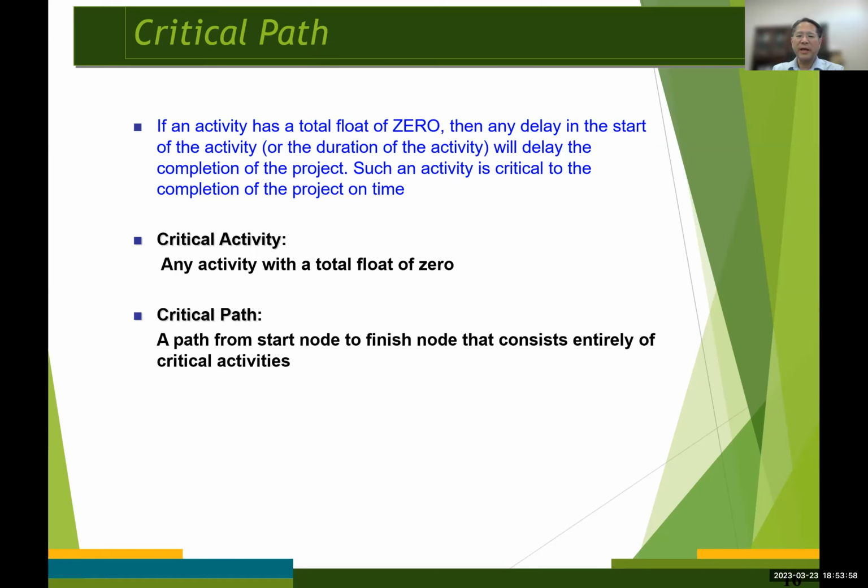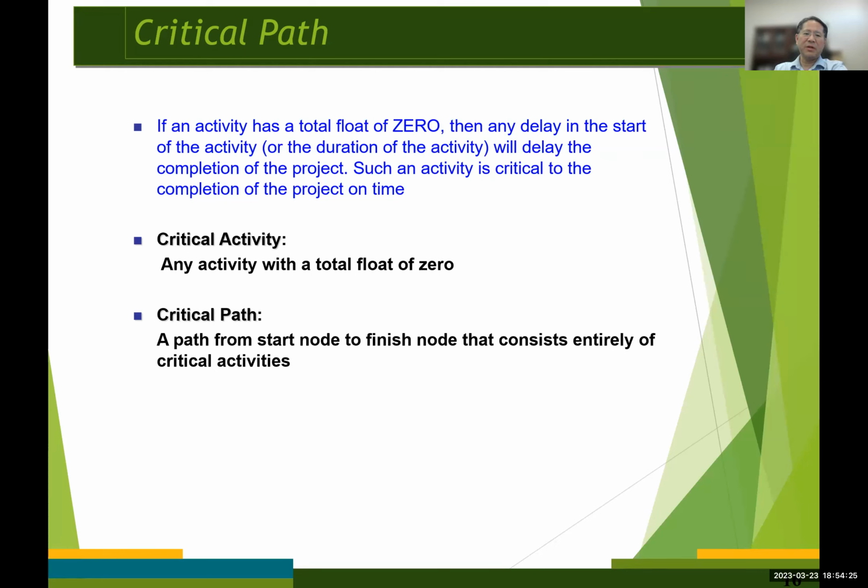That's why any activity with a total float of zero is called a critical activity, okay? And a path from the start node to the finish node that consists entirely of critical activities is called a critical path, okay?